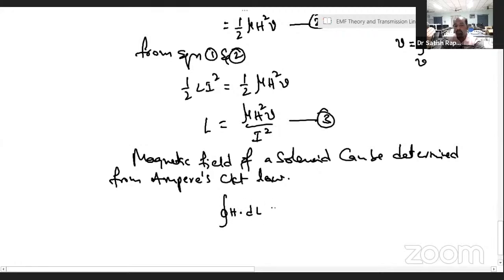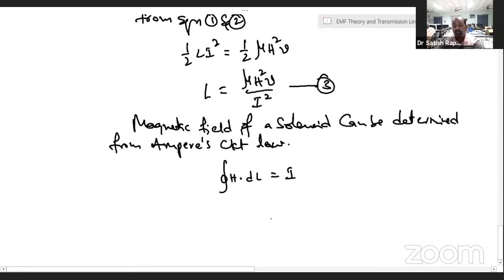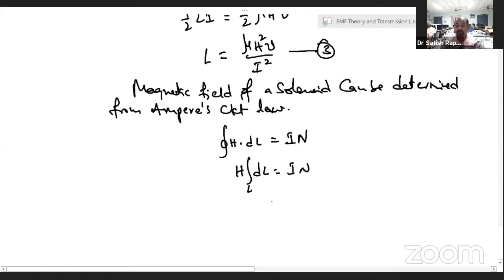Closed integral H dot dl is equal to I. The solenoid contains N number of turns, so we multiply by N, and since we are assuming the field is uniform, H can be taken outside. H times integral dl is equal to NI, and H is equal to NI by the line integral of dl.